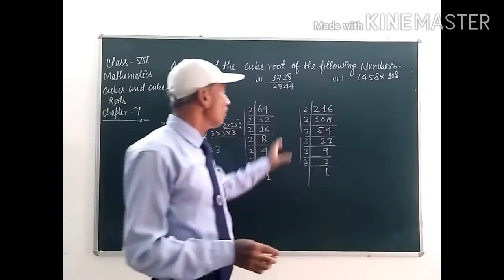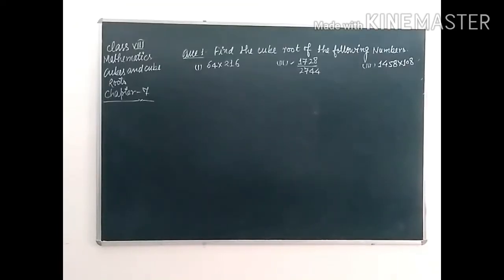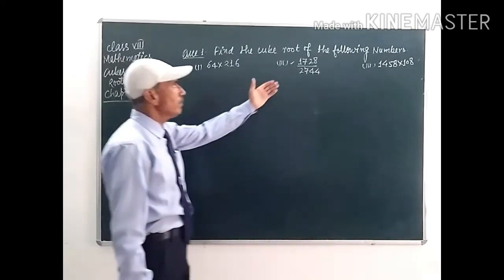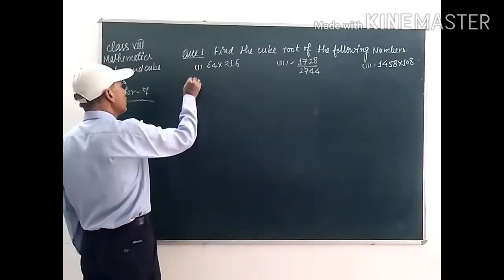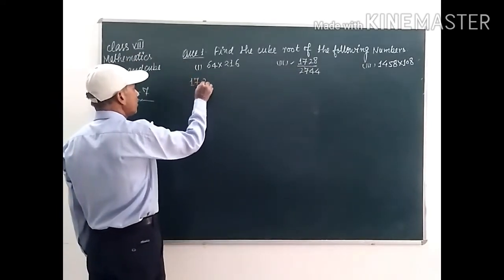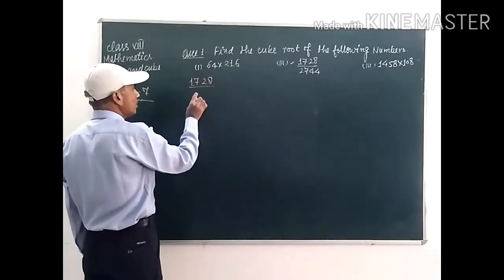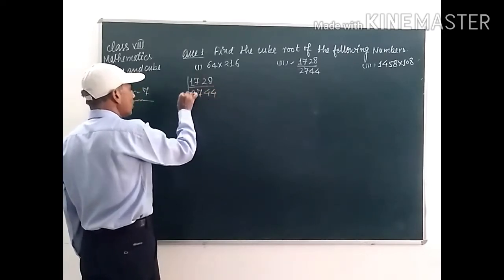Okay, now we are going to find out the cube root of this number. Okay, students, now we are going to find out the cube root of the second question, that is 1728 divided by 2744.